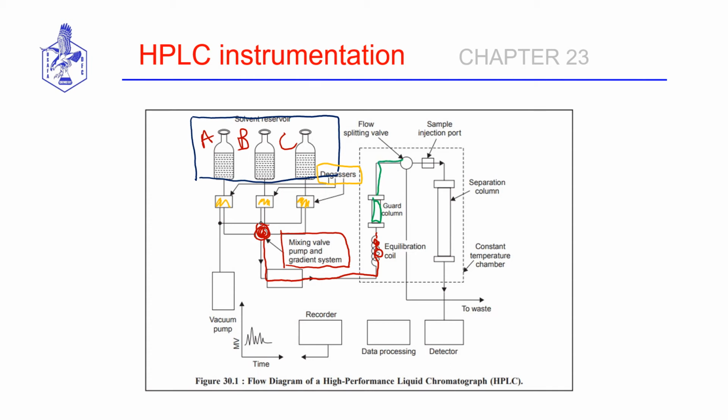Okay, and then we have a split valve, which will allow for some of the solvent to go to waste depending on flow rate. And the next item is our sample, and we have to introduce the sample.